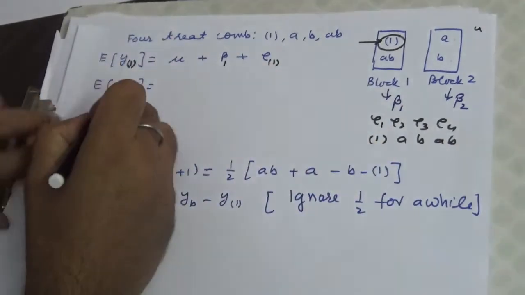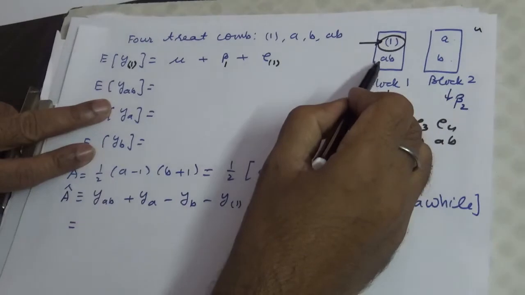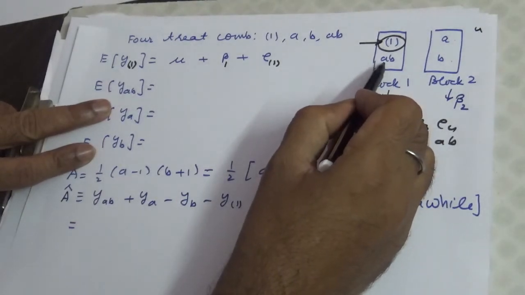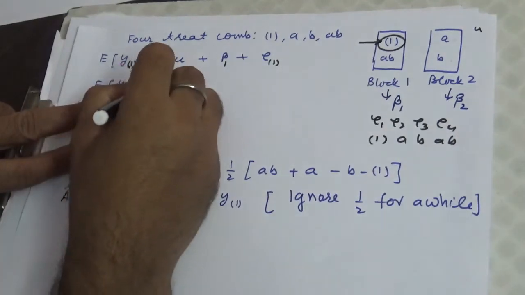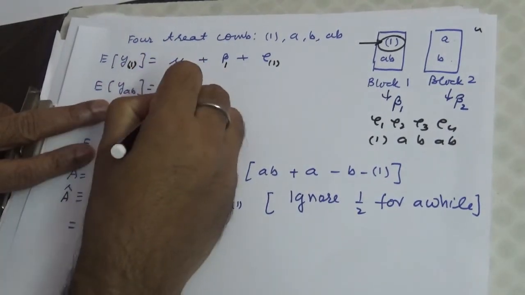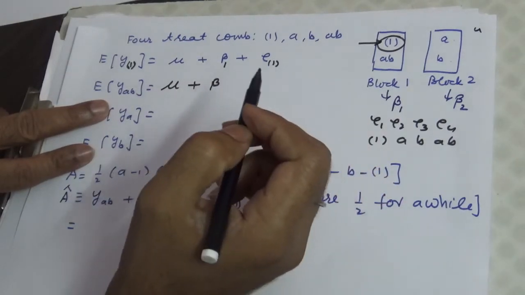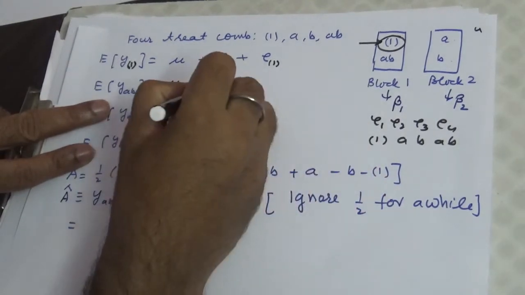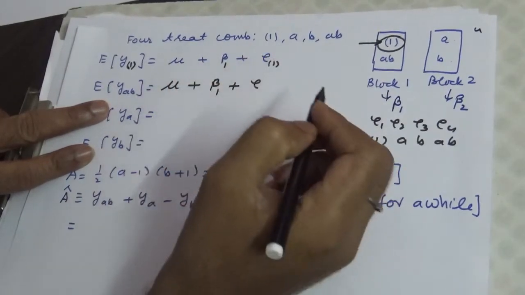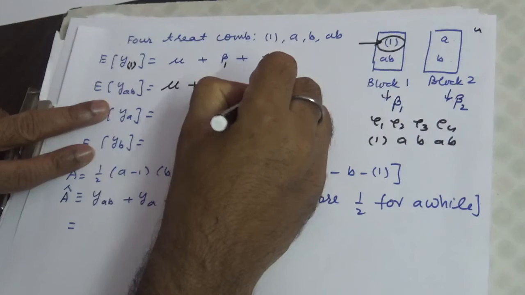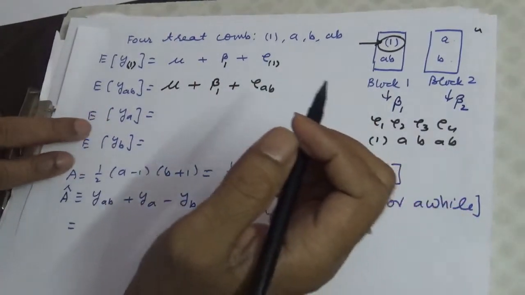And similarly, if you go for the second treatment combination, this YAB, then the expected value of YAB can be written as mu plus the block effect beta, and this AB is occurring in block number 1. So this will become beta 1, and then I will say tau. What is tau here? Tau here is AB, that is the treatment effect due to AB.